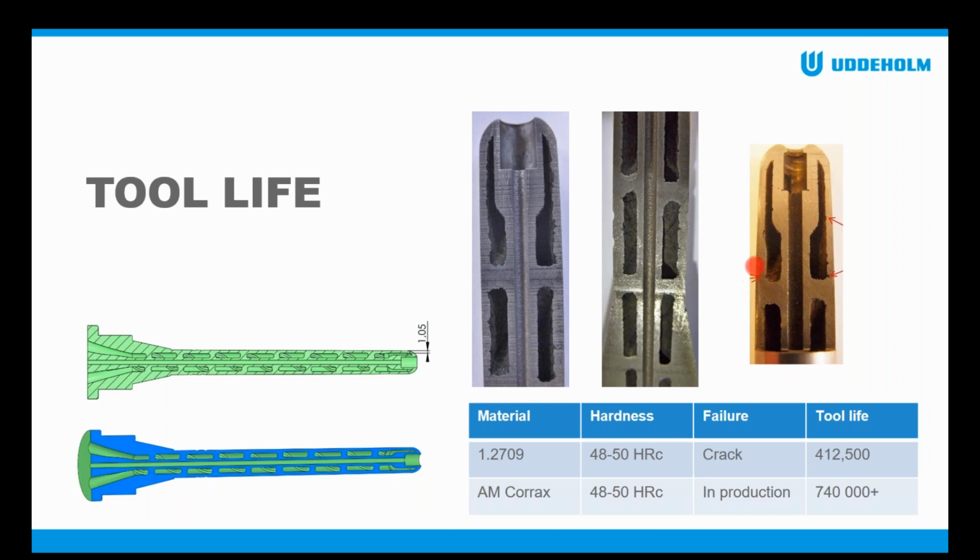If you look at the tool on the outside, it looks perfect. There's no corrosion on the outside because there were no corrosive plastics or additives, but the corrosion on the inside in the cooling channels resulted in small cracks that cracked the tool. So we changed to Corax instead, same hardness, and we haven't seen any cracks so far. The tool has run for over 740,000 shots. But it's still in production, so we don't really know the lifetime of the tool, to be honest.